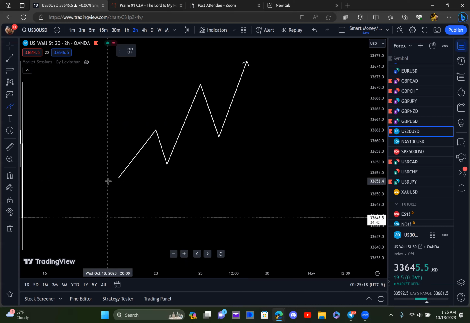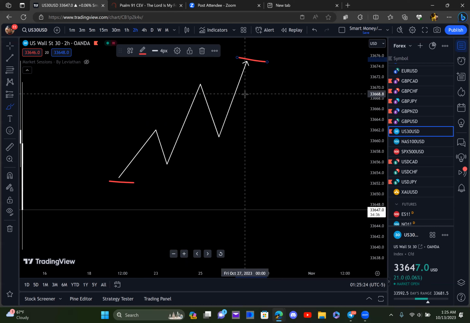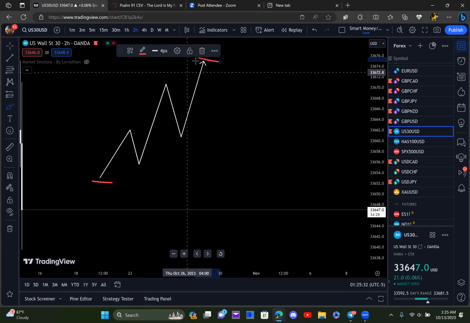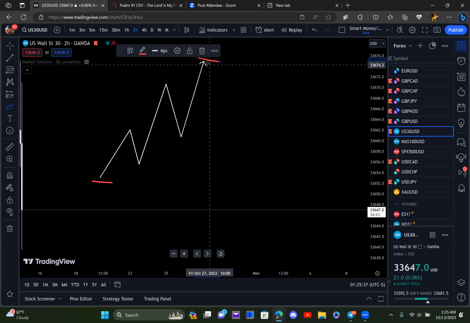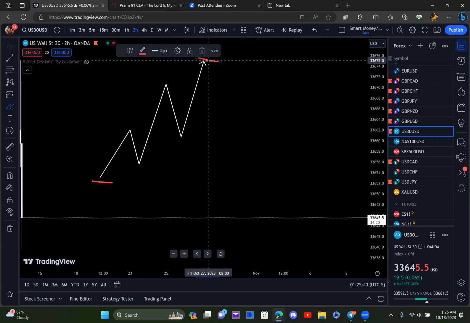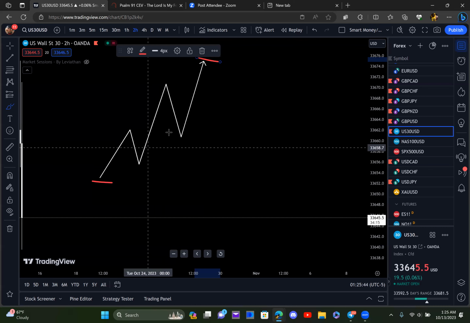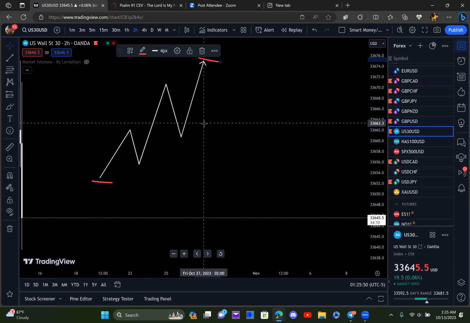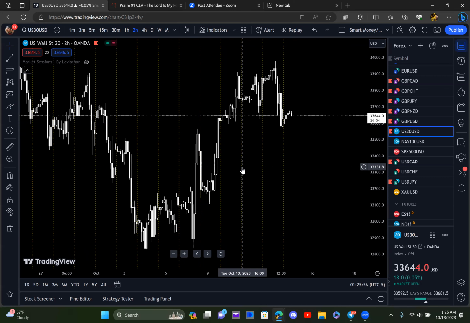Here at the low and here at the high, it's called external liquidity, because the liquidity lies outside of the range. The range is here, liquidity below it. The range is here, liquidity above it. Everything within here is called internal liquidity, so that would be fair value gaps, order blocks, or imbalances. Whatever terminology you want to use.